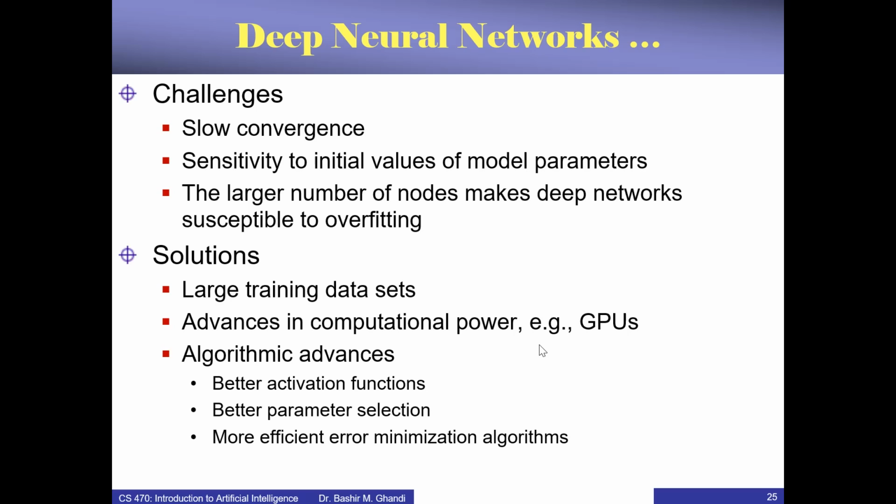If you combine all these factors together, this is how the issues we listed here are overcome. And deep neural networks are now really the order of the day, especially in problems that are very complex and that involve a large amount of data.